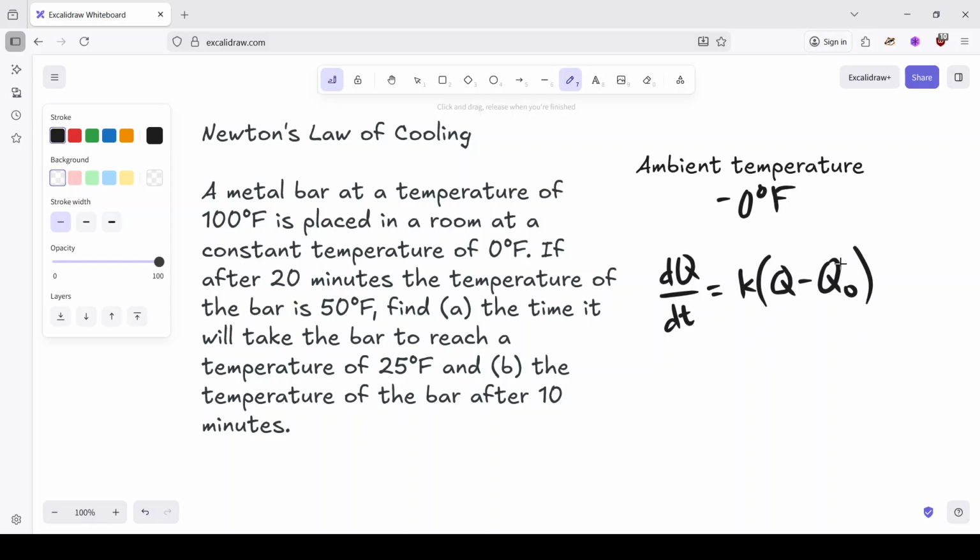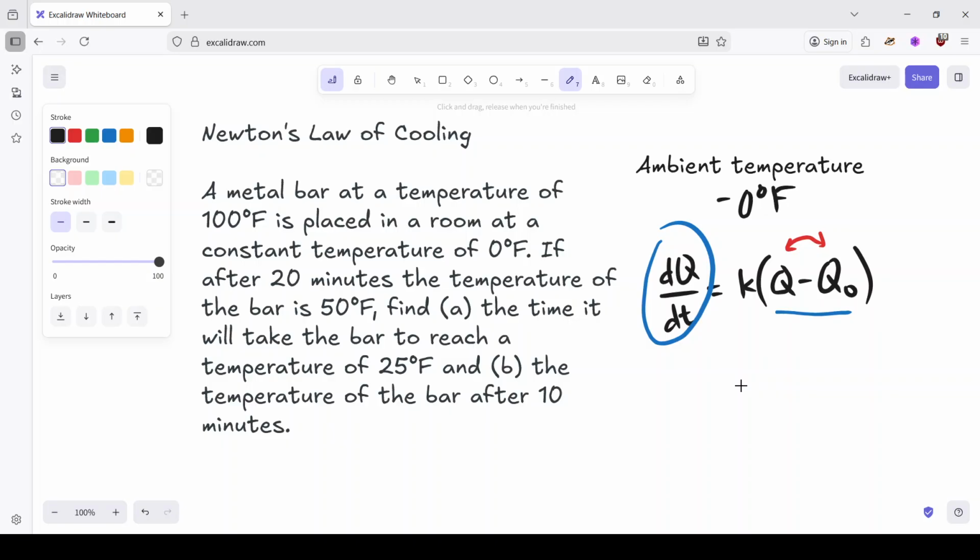If the ambient temperature is higher, we can swap these two variables. Again, if the difference here is very large, the change is very large as well. But if the difference is small, the rate is also small.